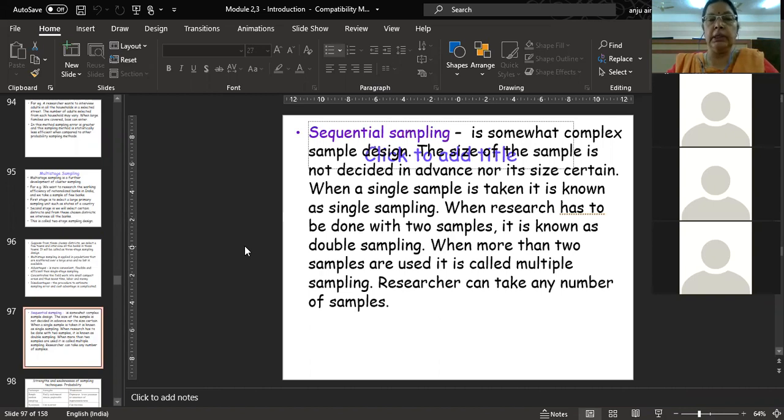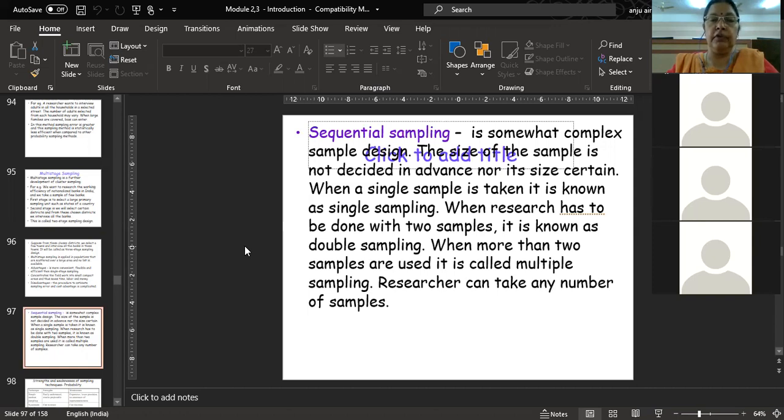Now the next technique is sequential sampling. Sequential sampling technique is to take a sample from a population where you are not very sure what should be the size of your sample in proportionate to the population. So suppose you want to do research with a single sample, then you will call it as single sampling, sequential sampling technique.